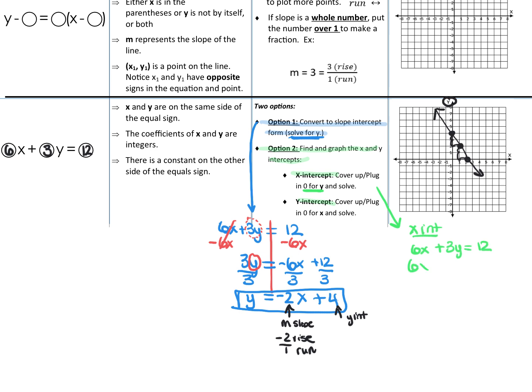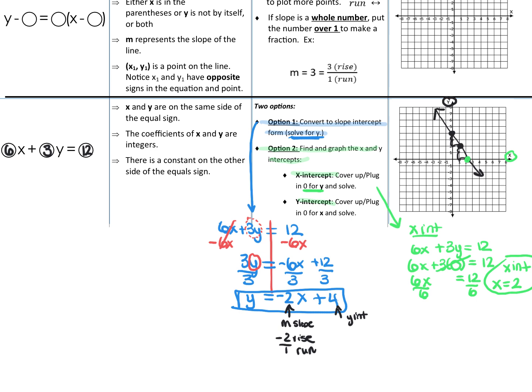So I'm going to write down 6x plus 3 times 0, because the y became 0, equals 12. 3 times 0 is just 0, so that goes away. 6x equals 12. If I want to solve for x, I need to divide by 6 on both sides. X equals 2. This is my x-intercept. So I go to my x-axis and I put a dot at 2, which is exactly where we already had a dot.